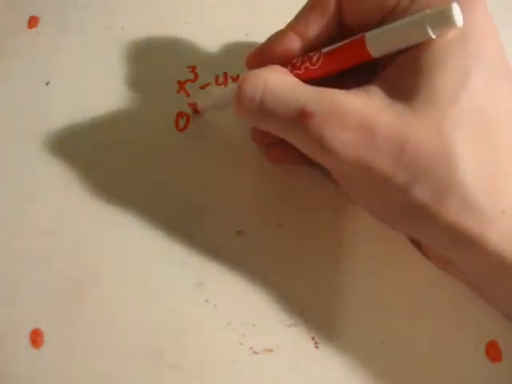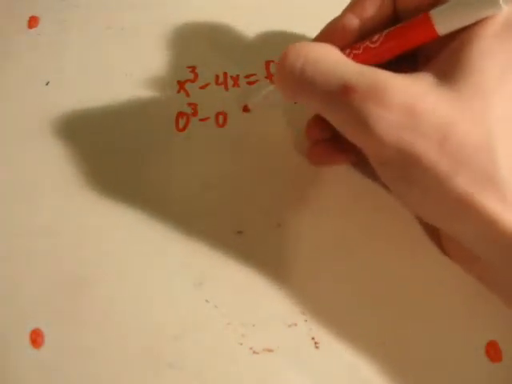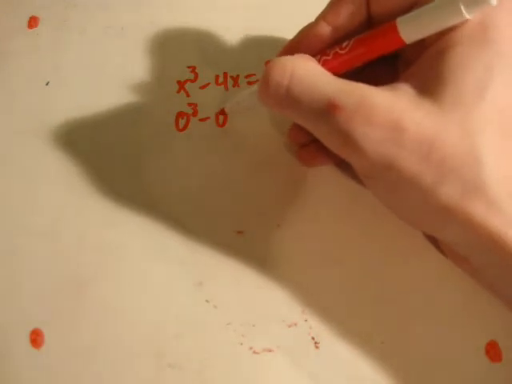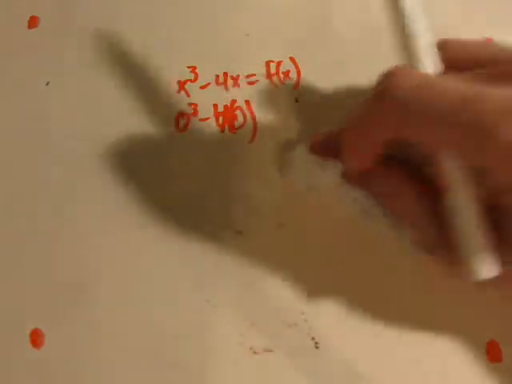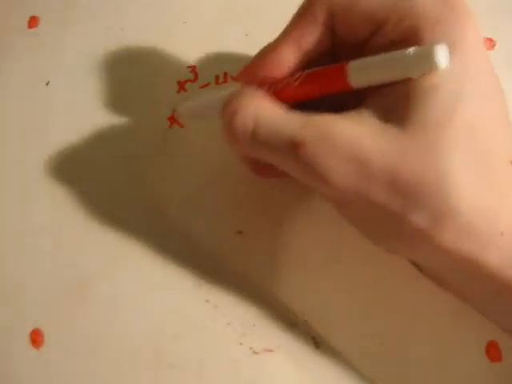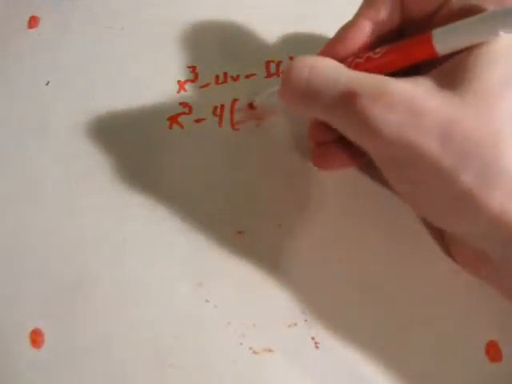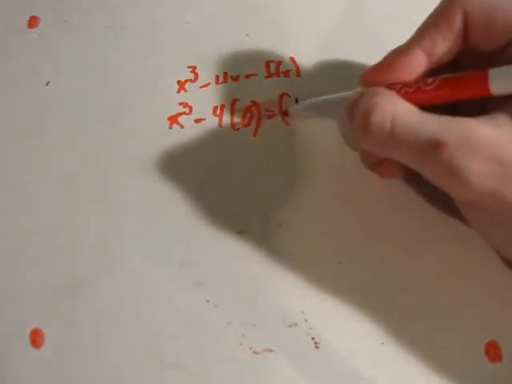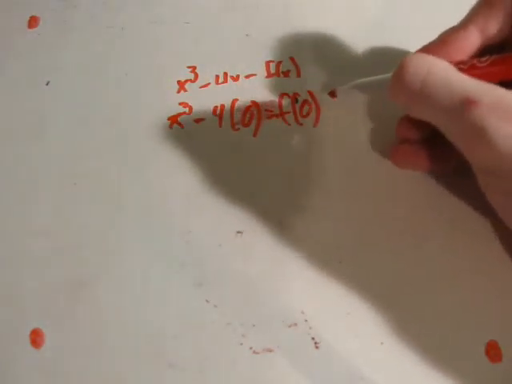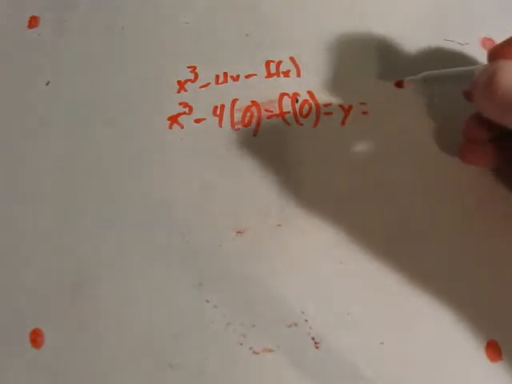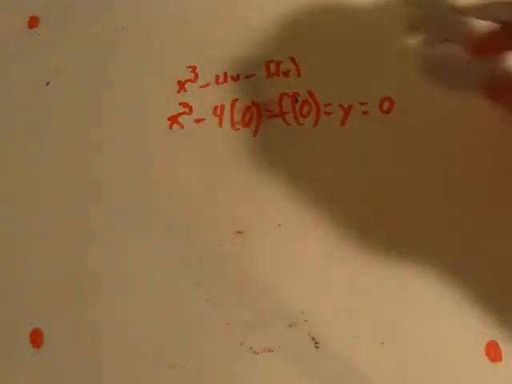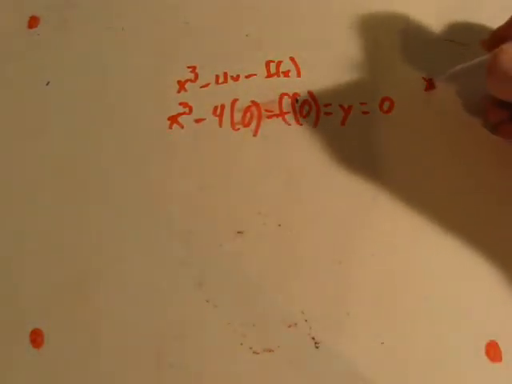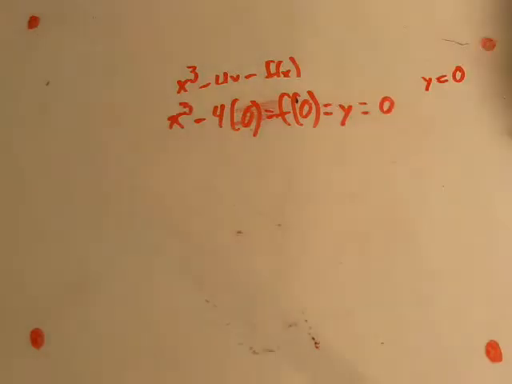Now 0 cubed minus 4 times 0 will be equal to the function of 0 equals y equals 0. Okay, so the y-intercept is 0.